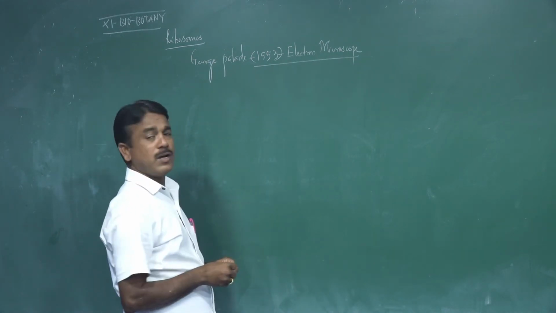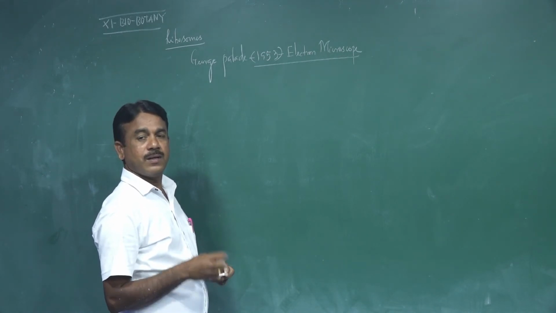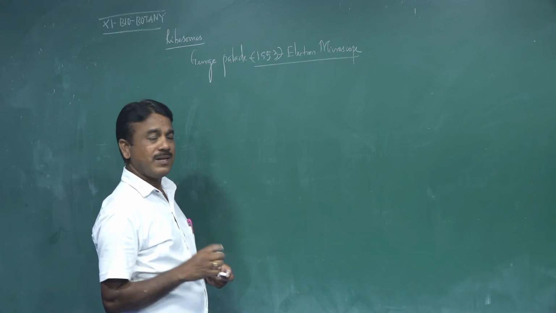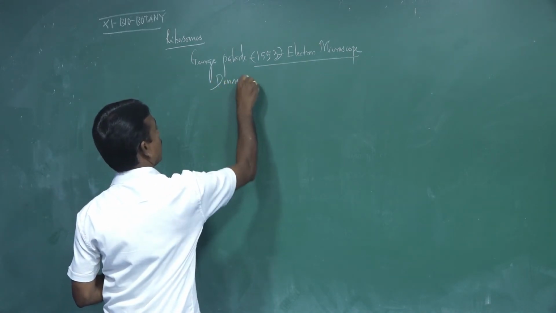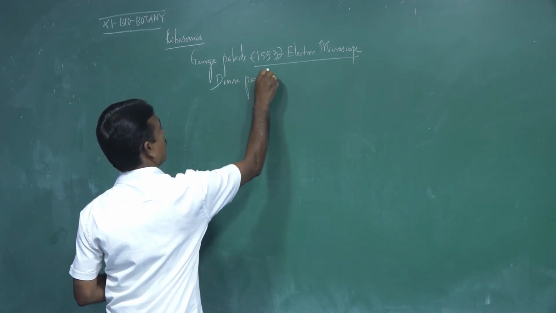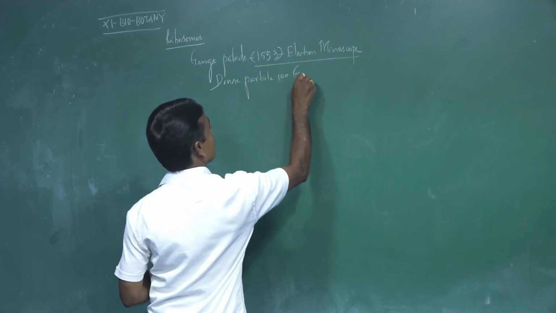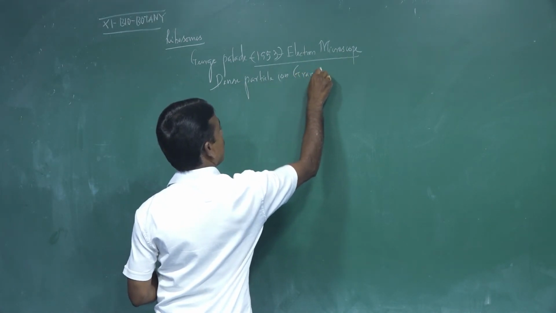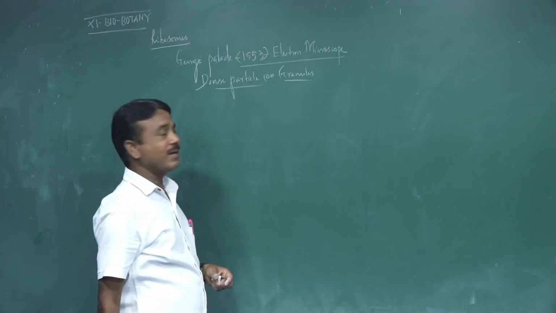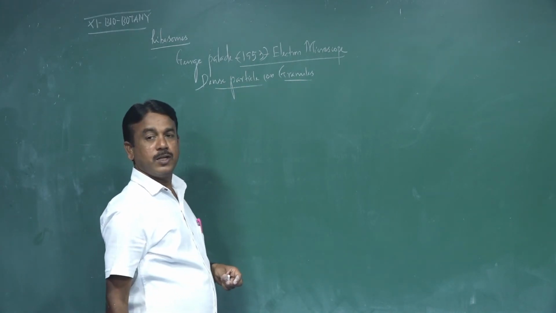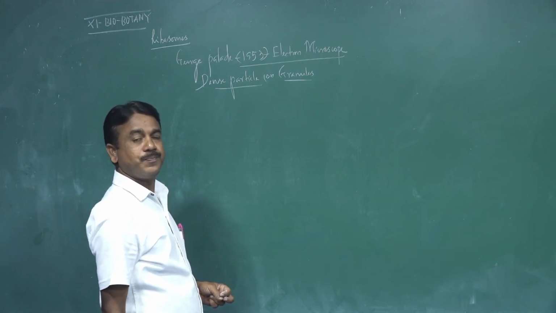Using the electron microscope, he described the ribosome as dense particles or dense granules, which could be seen under the electron microscope.